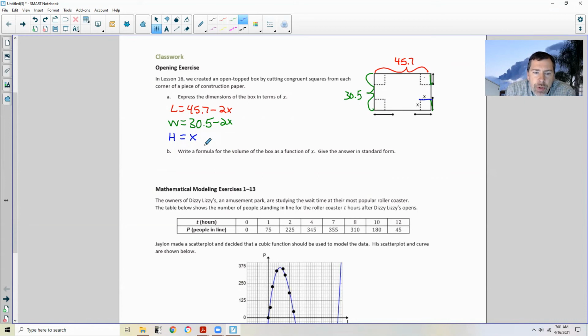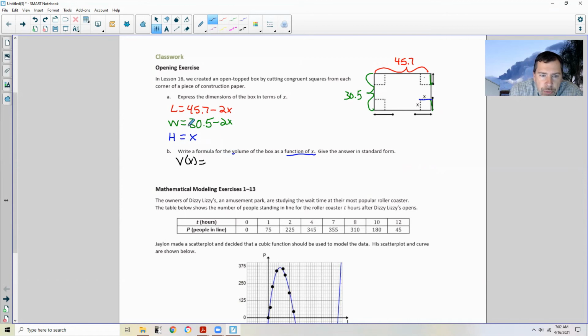So part B says to write a formula for the volume of a box as a function of x. Give the answer in standard form. So as a function of x, they want volume as a function of x, we could call it v. So we could say v of x equals, all right, it's going to be length times width times height. That's the volume of a rectangular prism.